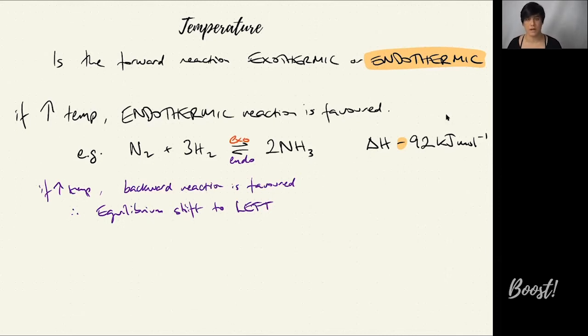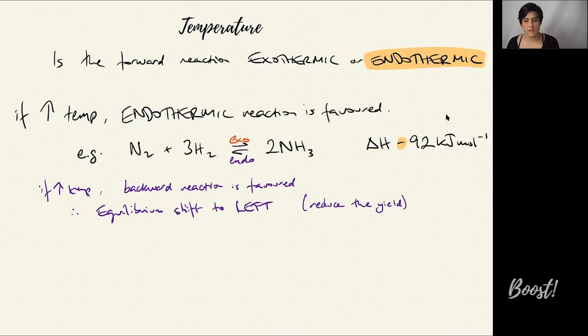Sometimes a question might ask you how this will affect the yield of a reaction. The yield of a reaction is the amount of products that this reaction makes. So if equilibrium shifts to the left, that's going to reduce the yield, because less of the products are going to be created in this situation.